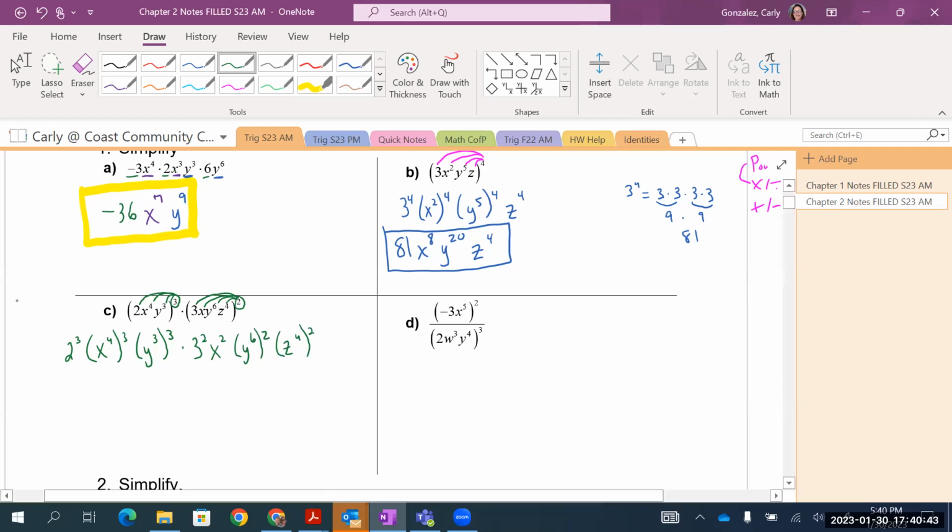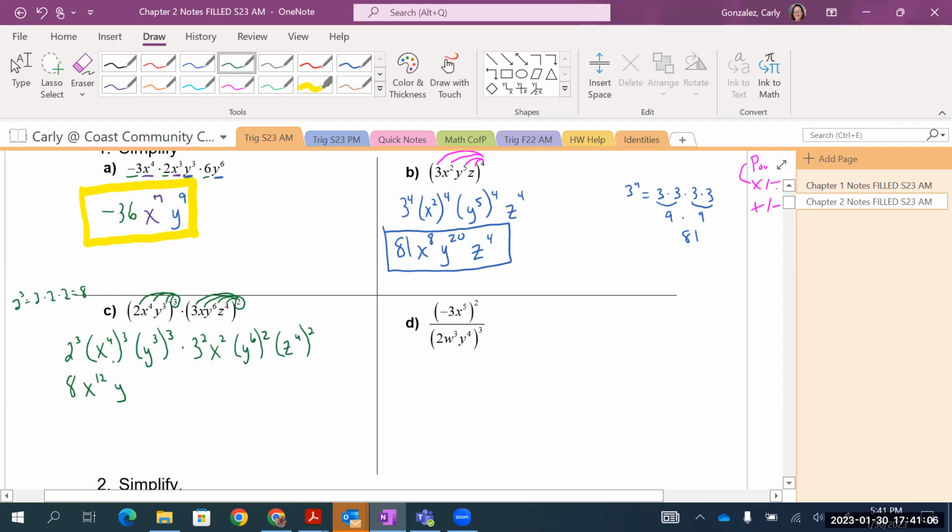2 to the 3rd power is just 2 times 2 times 2. 2 times 2 is 4, times 2 is 8. And now that we have a power to a power, the exponents will multiply. 4 times 3 is 12.